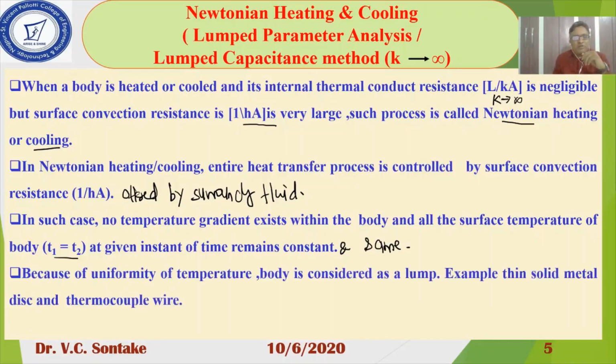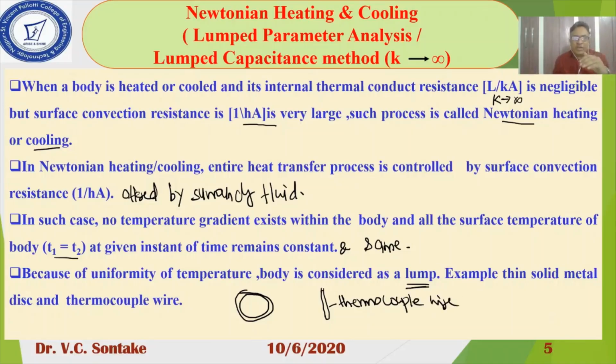And because of the uniformity of the temperature, the body is considered as a lump. Now I will explain the meaning of this lump. Examples of Newtonian heating or cooling are heating or cooling of a thin solid disk, or a thermocouple wire. Thermocouple wires, you might have seen, are of very small diameter.